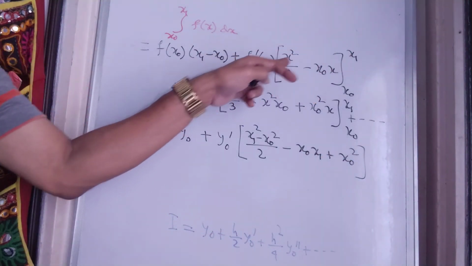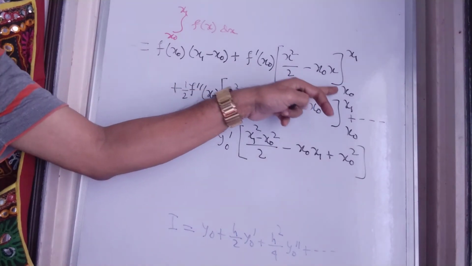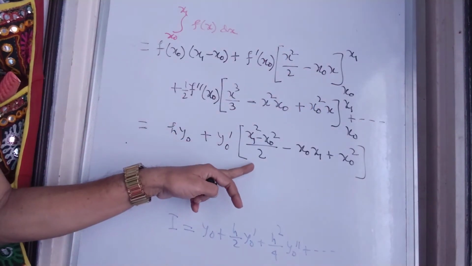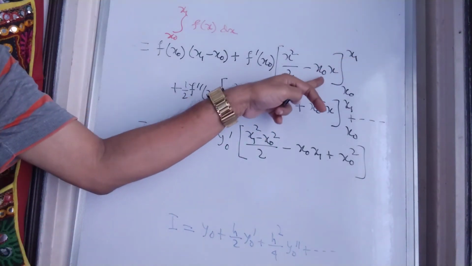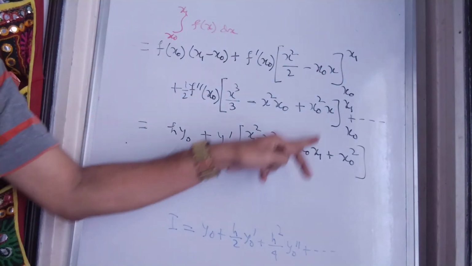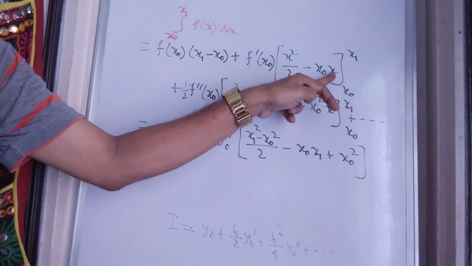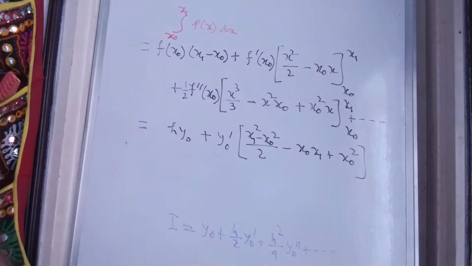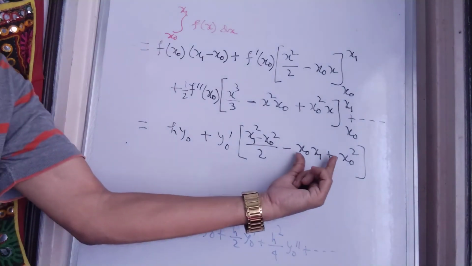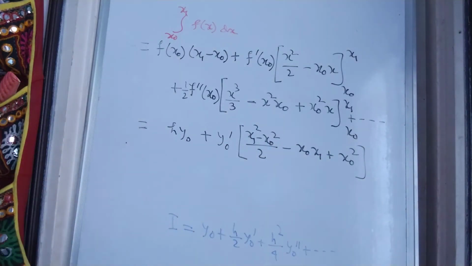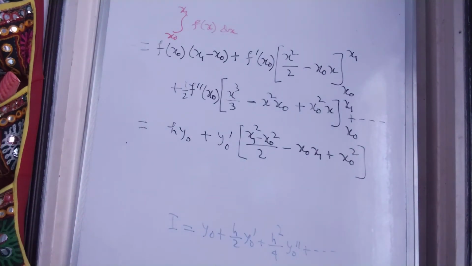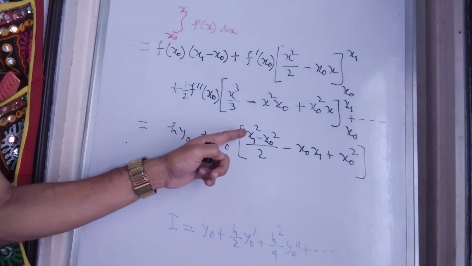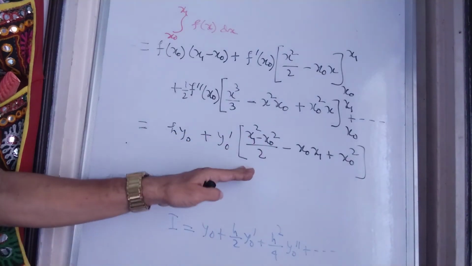Because first you put x1 here, x1 square by 2, and then you put x0 here, x0 square by 2, so it becomes (x1 square minus x0 square) by 2, and when you put x1 here, it is minus x0 x1, and when you put x0 in place of x here, it becomes minus of minus, which is plus x0 square. Now we take x0 common from these two terms, so what does it become? It becomes x1 minus x0, isn't it so? And here it becomes (x1 plus x0) by 2.